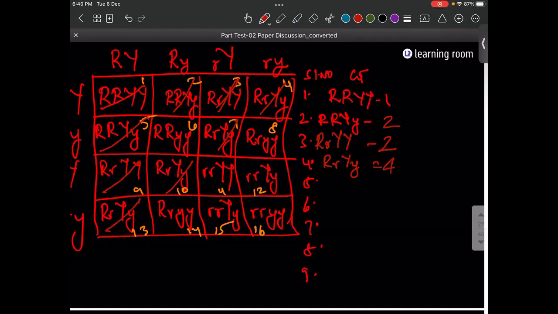Next. Capital R, capital R, small y, small y. Box number 6. How many? Only one, sir. Next. Capital R, small r, small y, small y. That will be 2, 8 and 14.